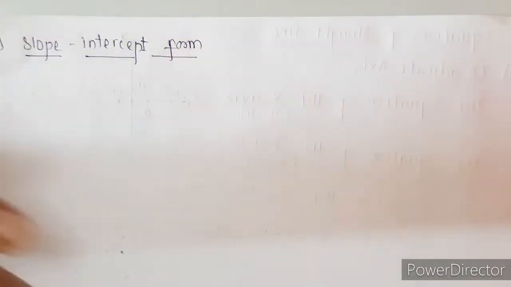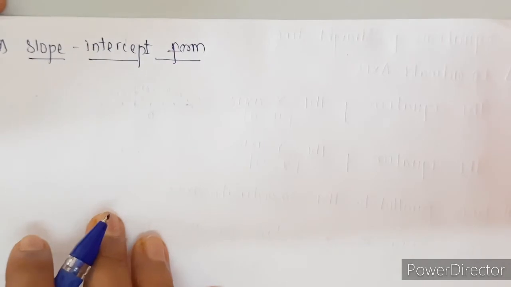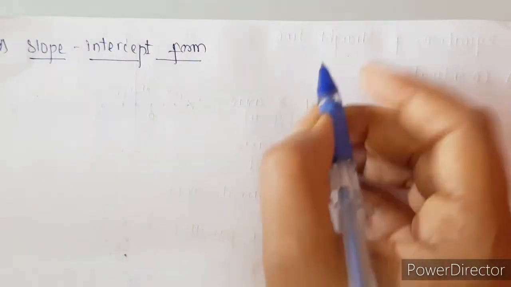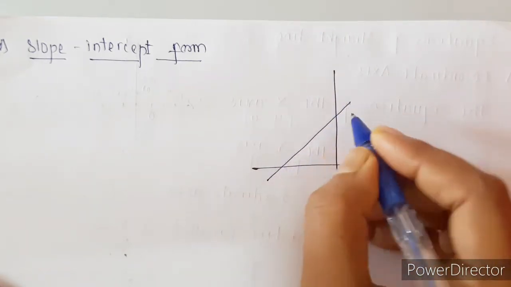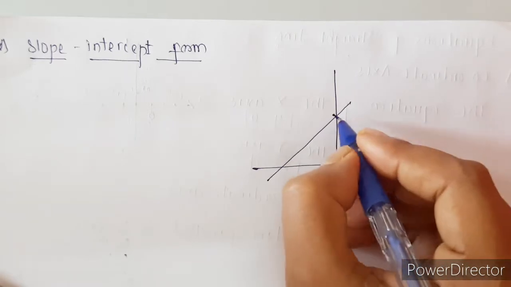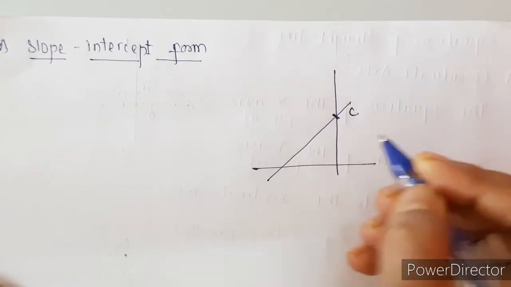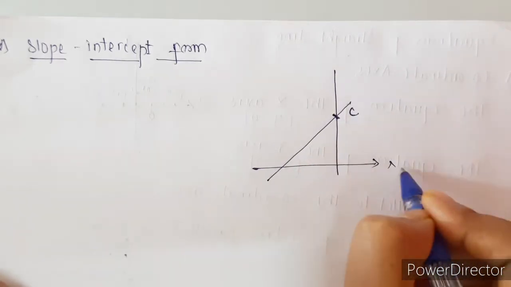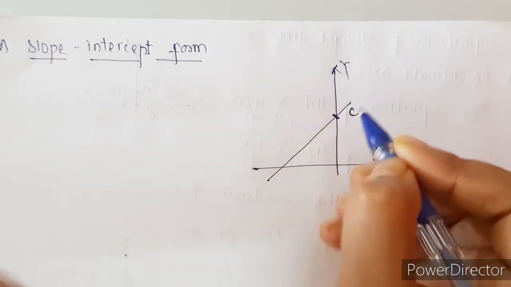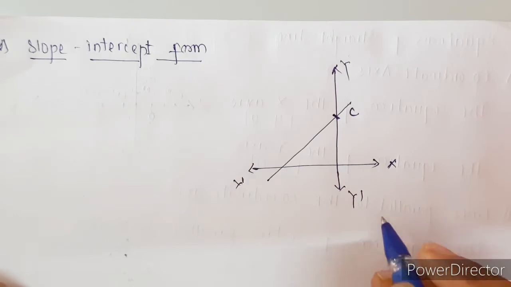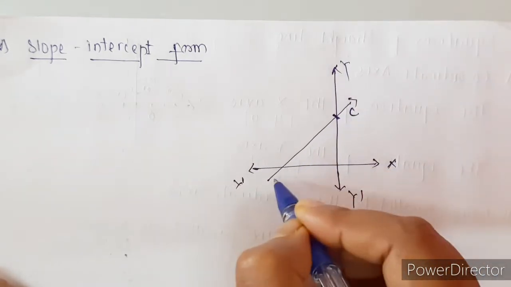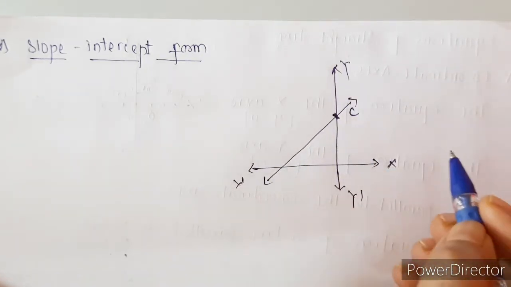Okay, next is slope intercept form. Now assume that we have a line which is intersecting at point C on the y-axis. This is your x-axis and y-axis. So we have a line which is intersecting at point C on the y-axis.